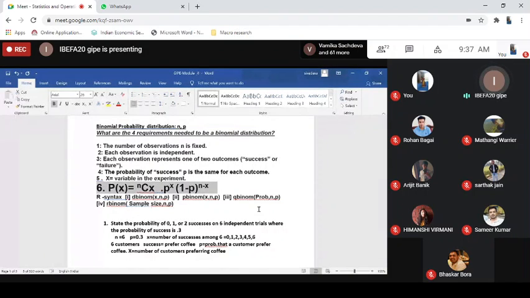Out of N, X are successes, so probability will be P raised to X. Remaining N minus X are failures, so it will be 1 minus P to the power N minus X.